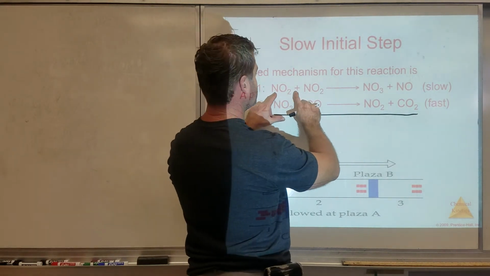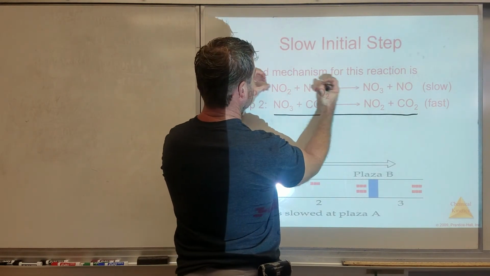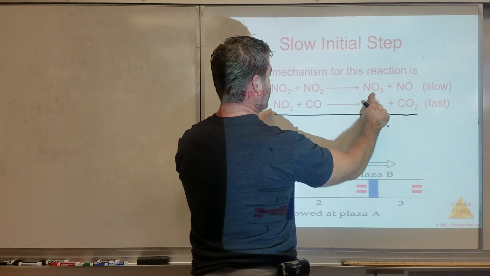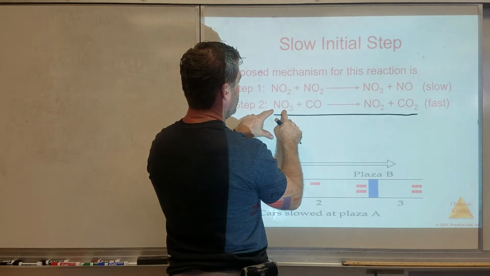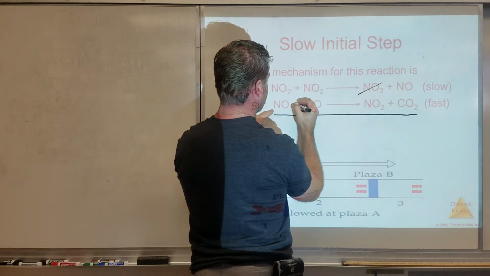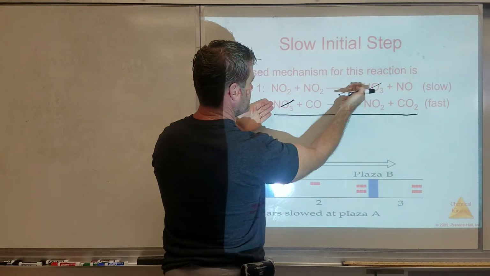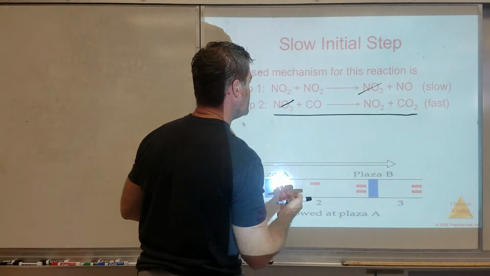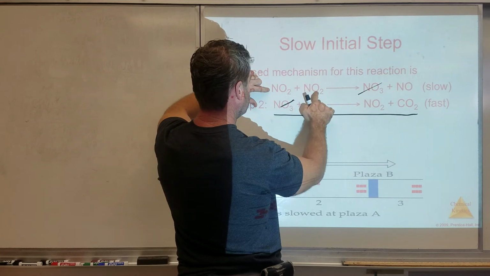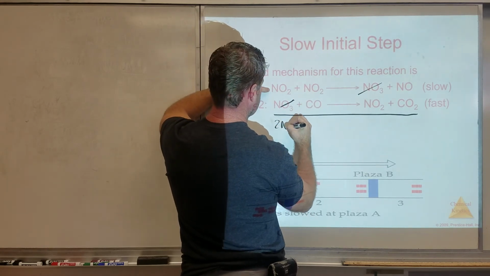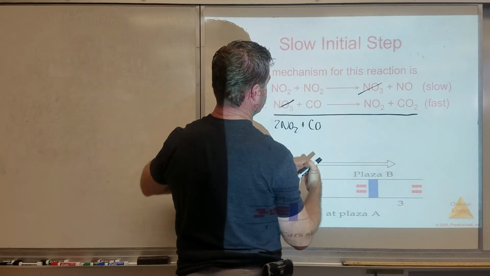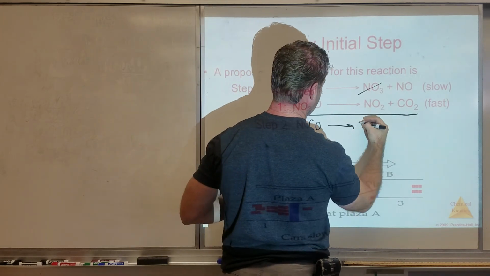So look, this is saying NO2 and NO2 collide together and form NO3 and then NO. And then look, the NO3 here is now used up here, so we can cross it out, because now they're saying the NO3 that was produced in the first step reacts with the carbon monoxide, producing NO2 and CO2. So then we look at what we have. We have NO2 and NO2 here, that's 2 NO2, plus the CO, I'm just adding down my reactants, produces NO2.